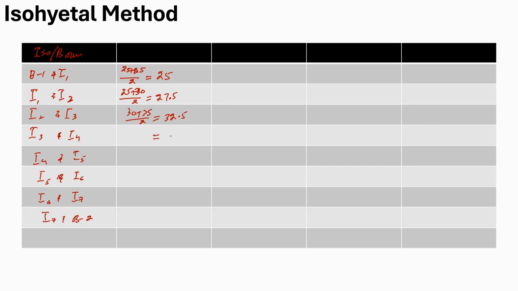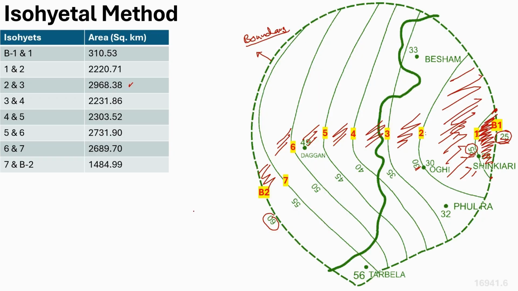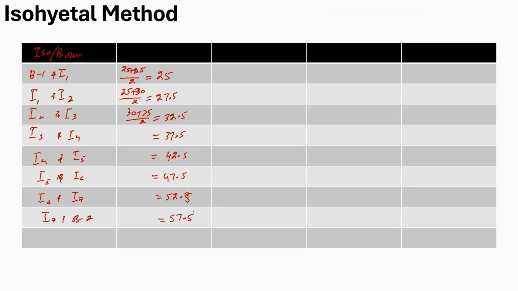And in the same way we'll get 37.5, 42.5, 47.5, 52.5 and 57.5.